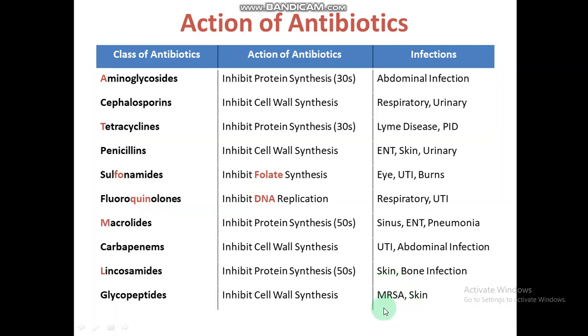Vancomycin, a glycopeptide, can be used for bacteria which are resistant to other antibiotics like methicillin. So methicillin-resistant Staphylococcus aureus infection can be treated by vancomycin.